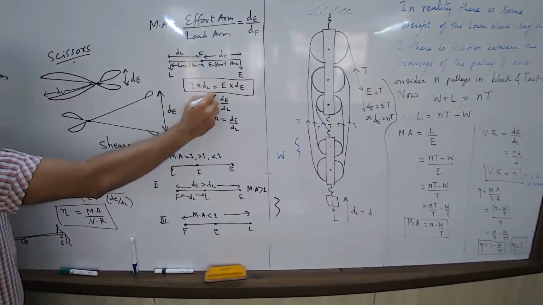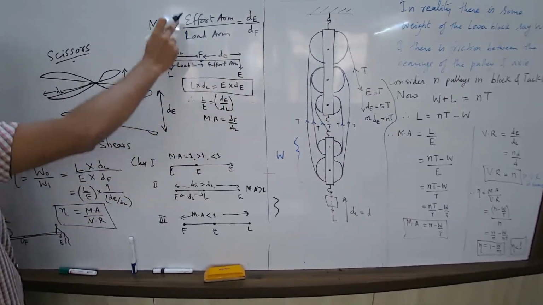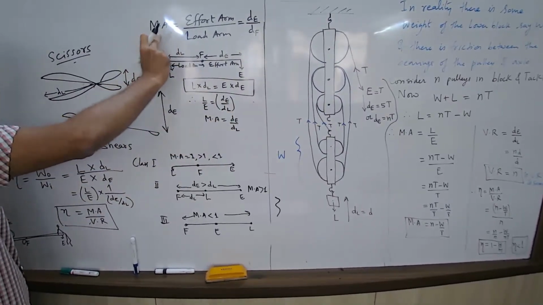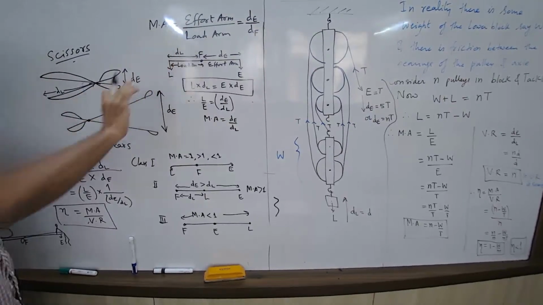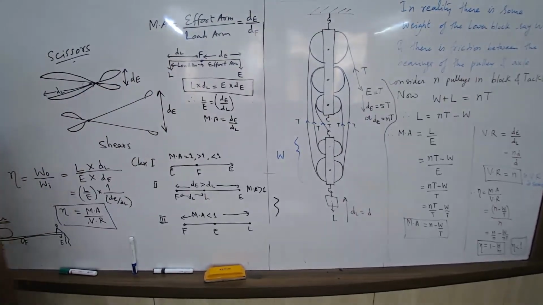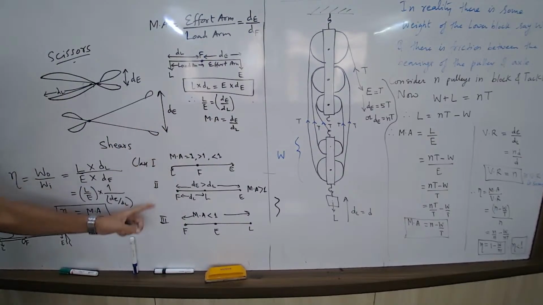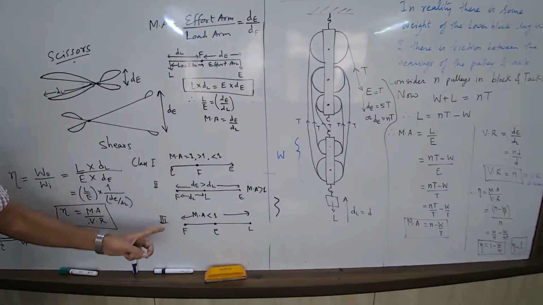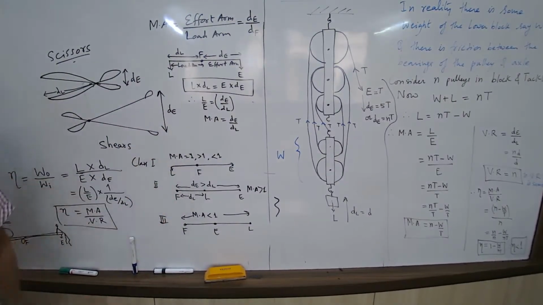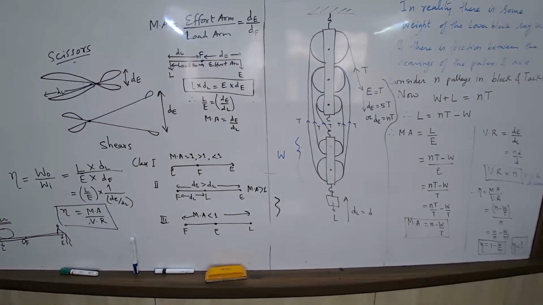Load by effort is d by dm. मतलब load upon effort is mechanical advantage is equal to effort arm by load arm. यही principle है. ठीक है? उस principle से we are calculating all this. हर class का mechanical advantage क्या है? Is that clear? ठीक है? चलो. तो principle भी हो गया.